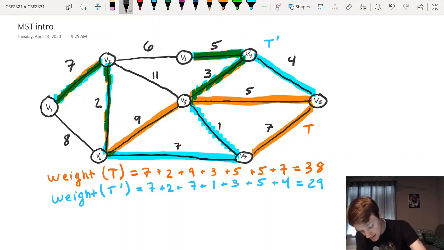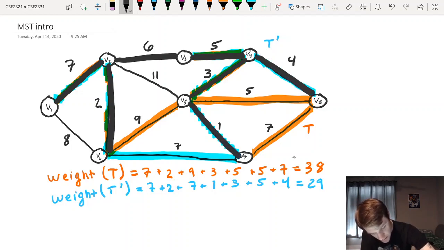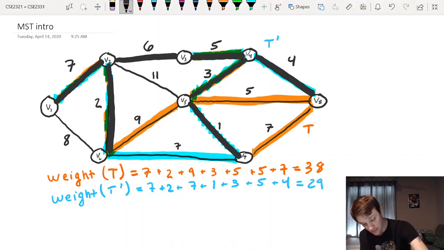So if we actually use this minimum spanning tree, V1 to V2, V2 to V6, V2 to V3, we then take this edge as well, that edge as well, that edge, and that edge.